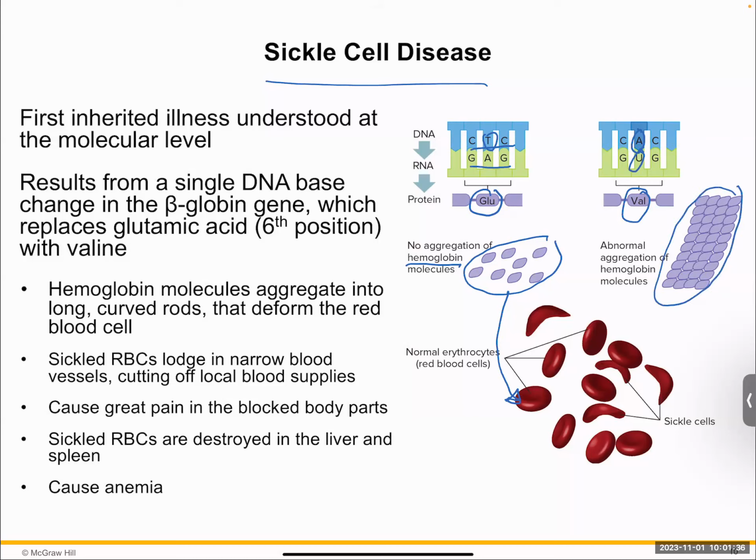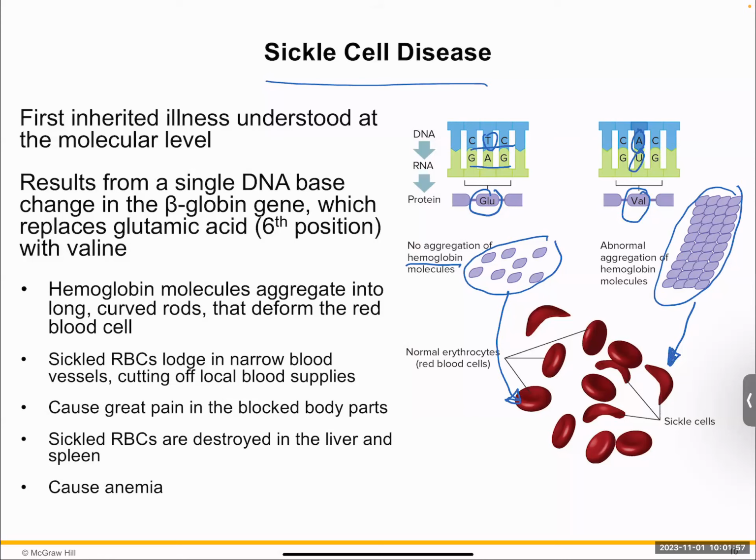Instead of these beautiful individual hemoglobin structures, they form really large aggregates. Because there are so many hemoglobin and they form these really long extensions inside the cell, it literally causes the cell to bend into these sickle cell shapes.